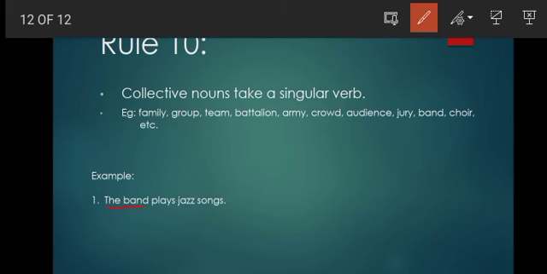But if in the sentence it is bands instead of band, we use the plural form of band. Of course, the verb must be in plural as well, because we are already mentioning more than one band. So it must be in plural form now.